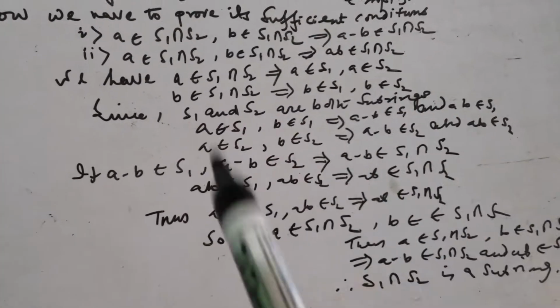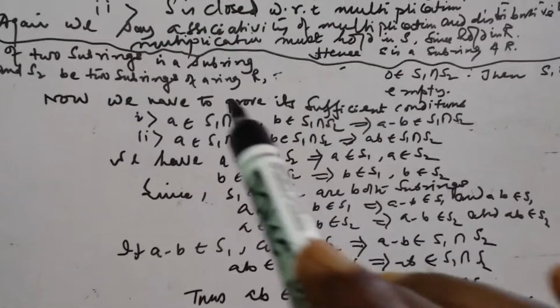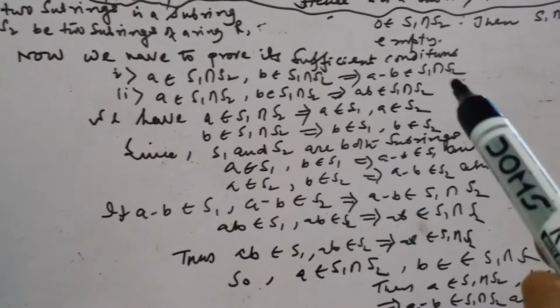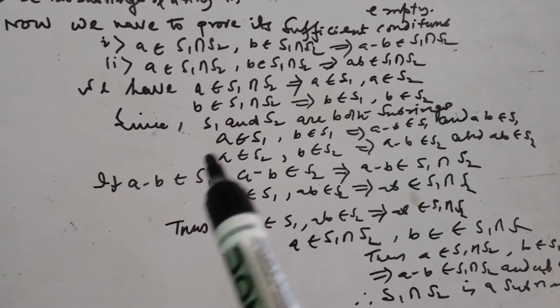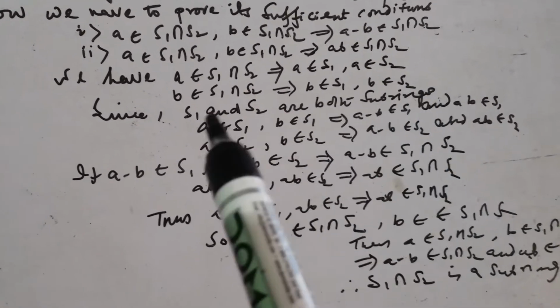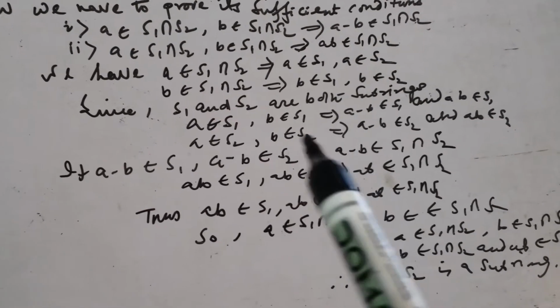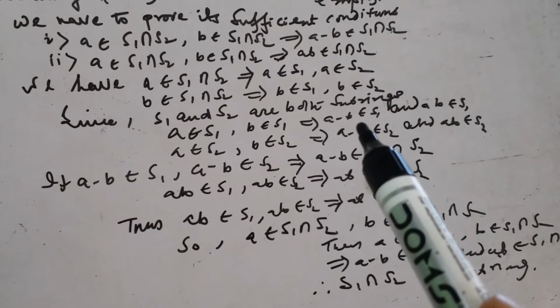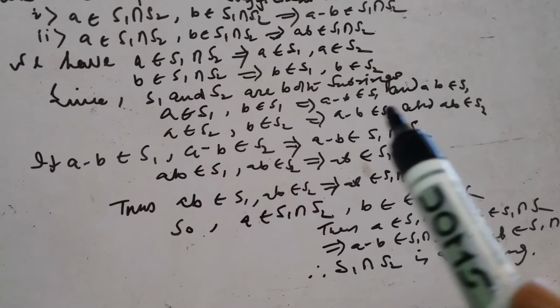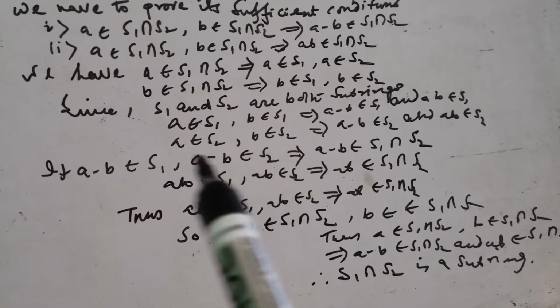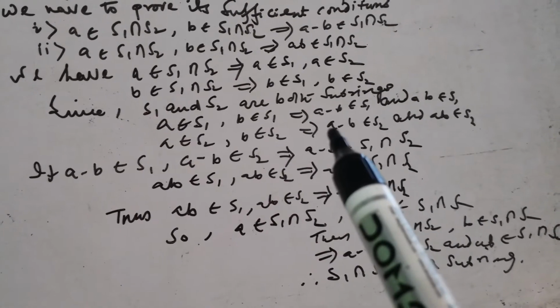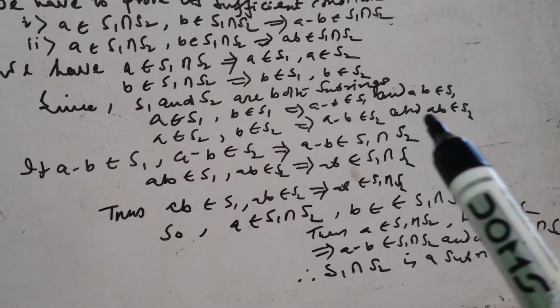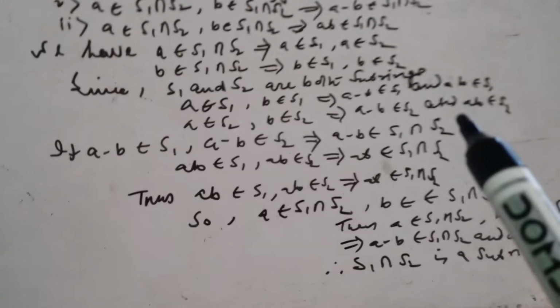So since S1 is a subring, then A belongs to S1, B belongs to S1, then A minus B belongs to S1 and AB belongs to S1. A belongs to S2, B belongs to S2, so A minus B belongs to S2, AB belongs to S2.